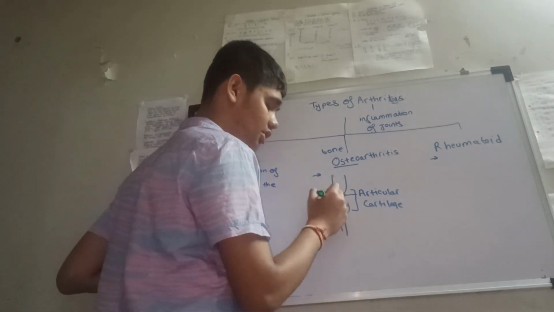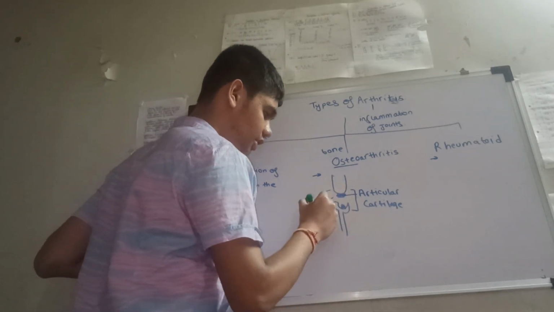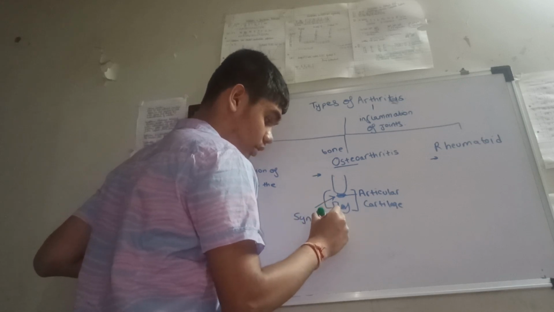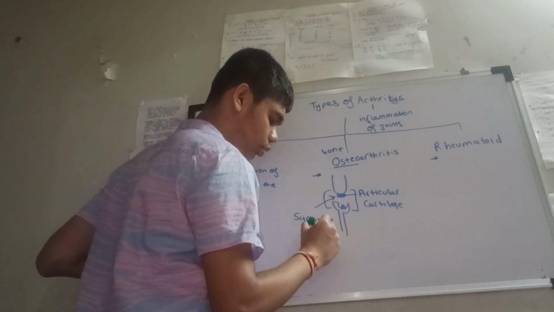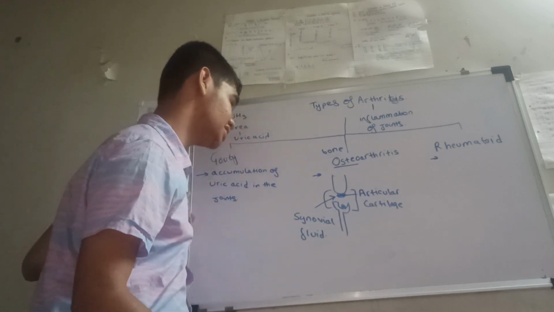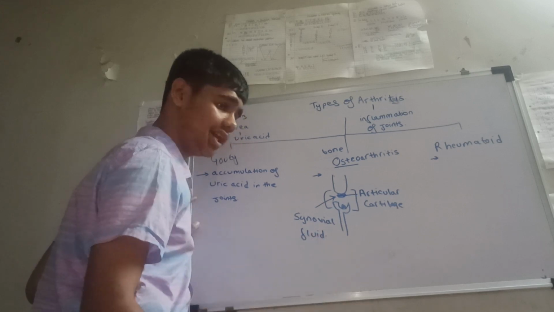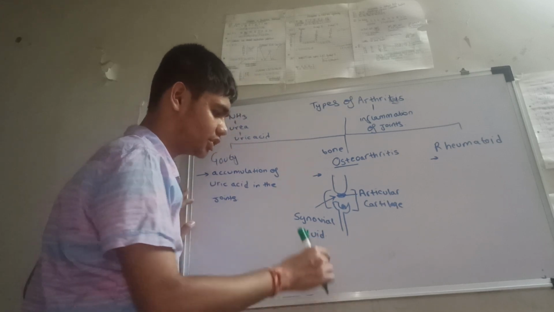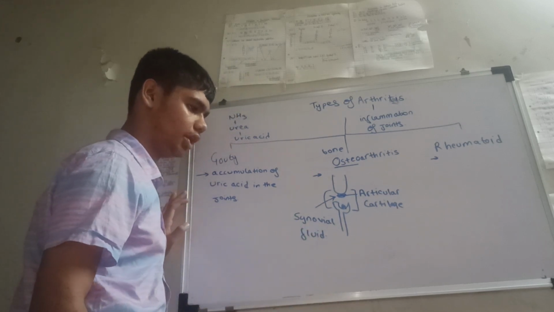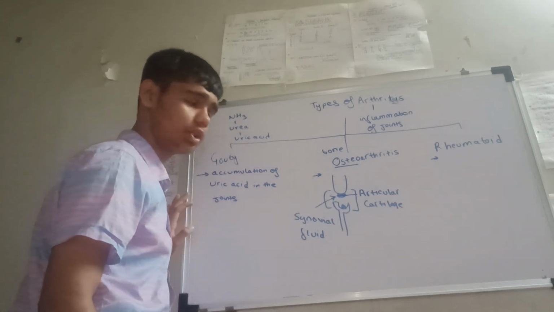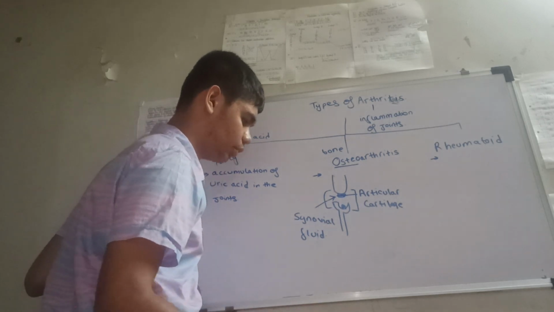So you know that this is the synovial membrane, and inside there is the synovial fluid. So hope you are recalling that synovial fluid is a non-circulating fluid, and blood and lymph are the circulating fluids. Synovial fluid and the vitreous humor are non-circulating fluids.